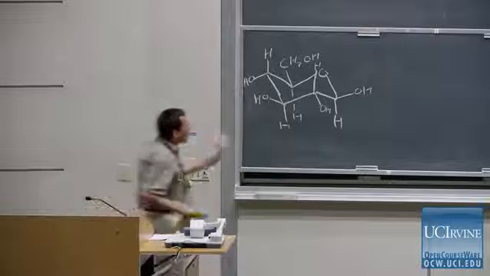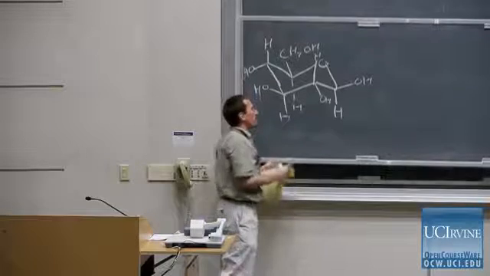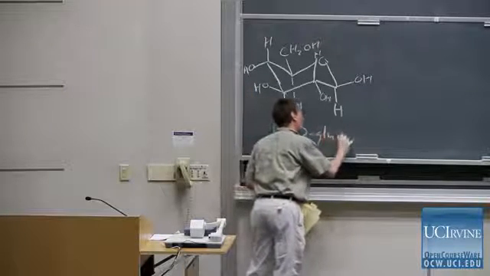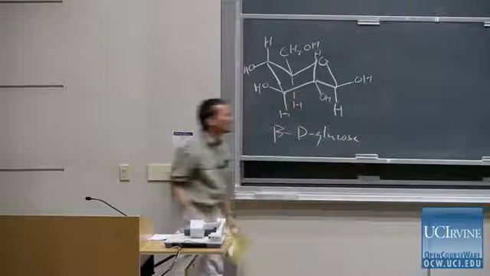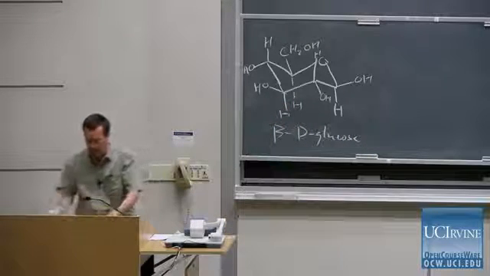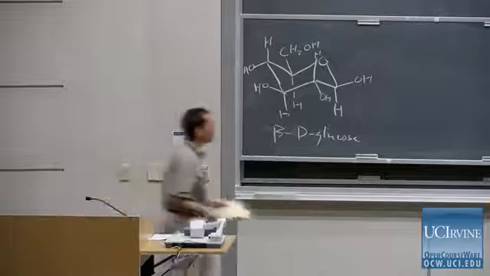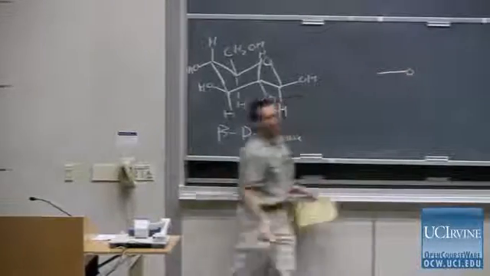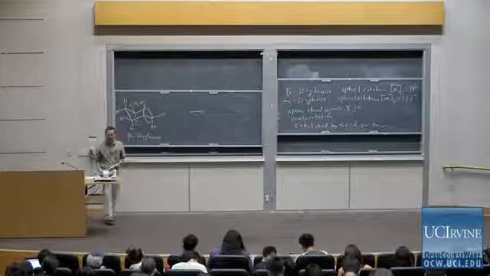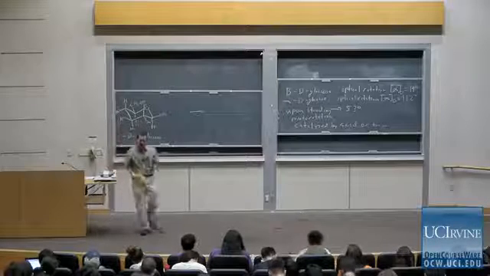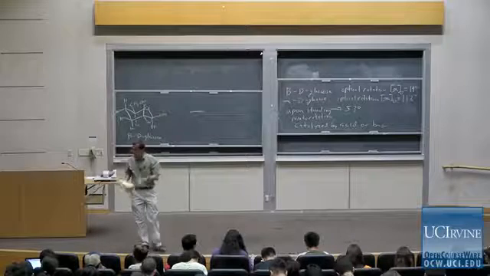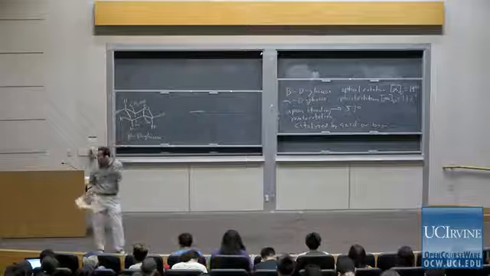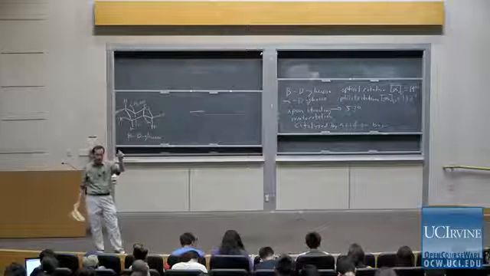So there are other ways that we can represent the structure here. Again, I'll just write beta D-glucose to remind us of the structures I'm going to be writing. There's another way of representing the structure that doesn't try to represent the conformation of the ring. Remember, writing a 6-membered ring in the conformation that I've written there is a projection.